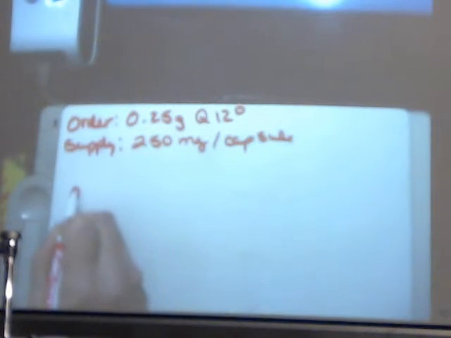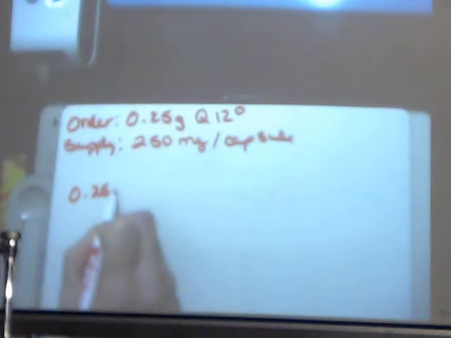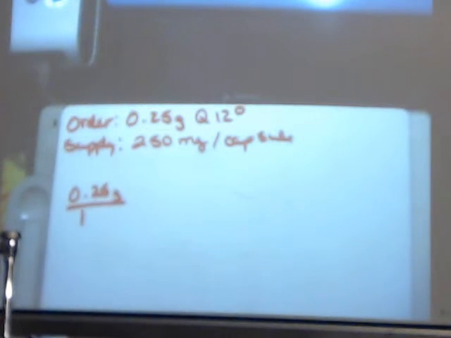So our order is 0.25 grams over 1, because that's for one patient. And it wants to know how many capsules we will give. So in the end, over here, I'm going to write blank capsules, caps, because that's what I've got to figure out: how many capsules.